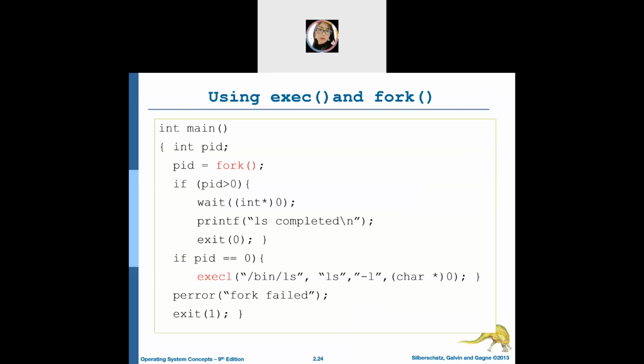Okay, this is how you're going to use your fork, creating a process, and executing your process in one single program. First of all, you're going to declare your PID, and here you can see you declare it as an integer.